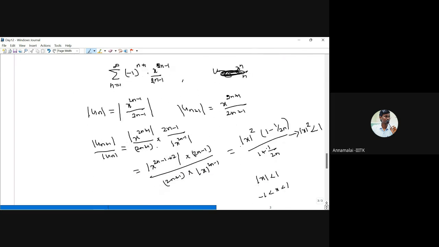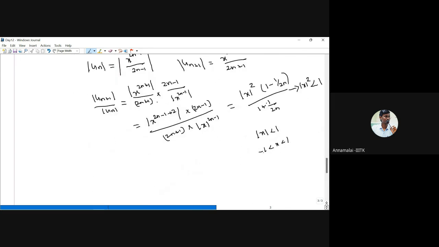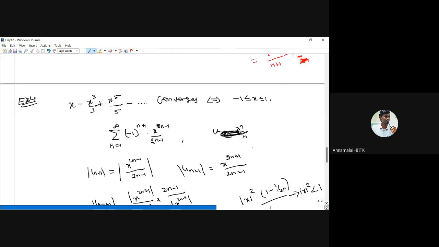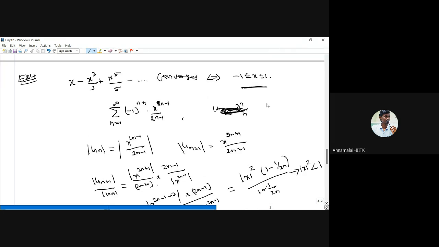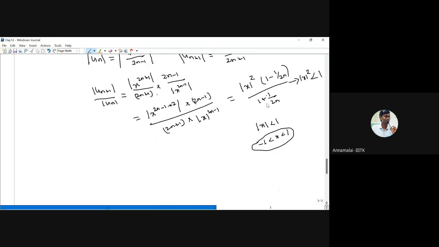So now we found the lower bound and upper bound. But what we have to prove is that x also takes -1 and x also takes +1. So finally we have proved that summation of modulus of un is convergent if mod x is less than 1.